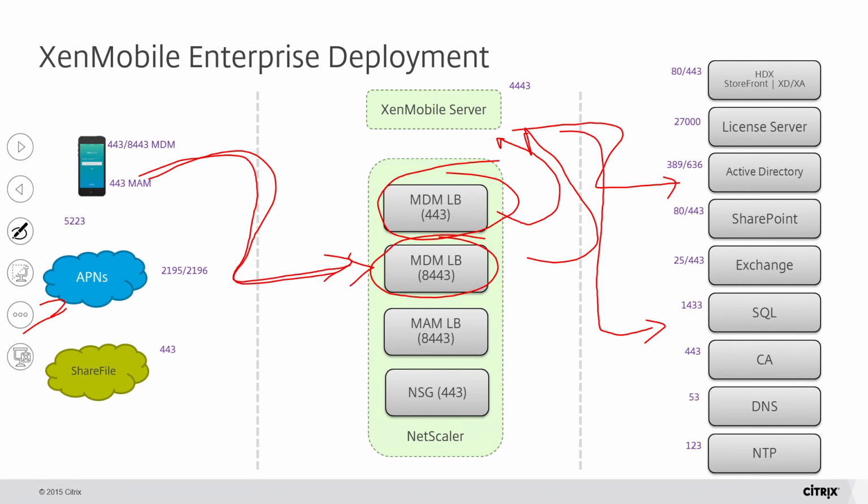So the XenMobile server needs to be able to contact this network over ports 2195 and 2196. If that's successful, APNS is going to notify the mobile device that, hey, I have this MDM solution trying to push some notifications or policies at that point.